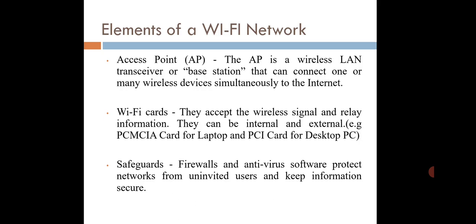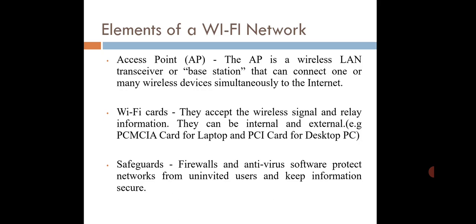Next, elements of a Wi-Fi network. First is the access point, AP. The AP is a wireless LAN transceiver or base station that can connect one or many wireless devices simultaneously to the internet. Next are Wi-Fi cards. They accept the wireless signals and relay information.